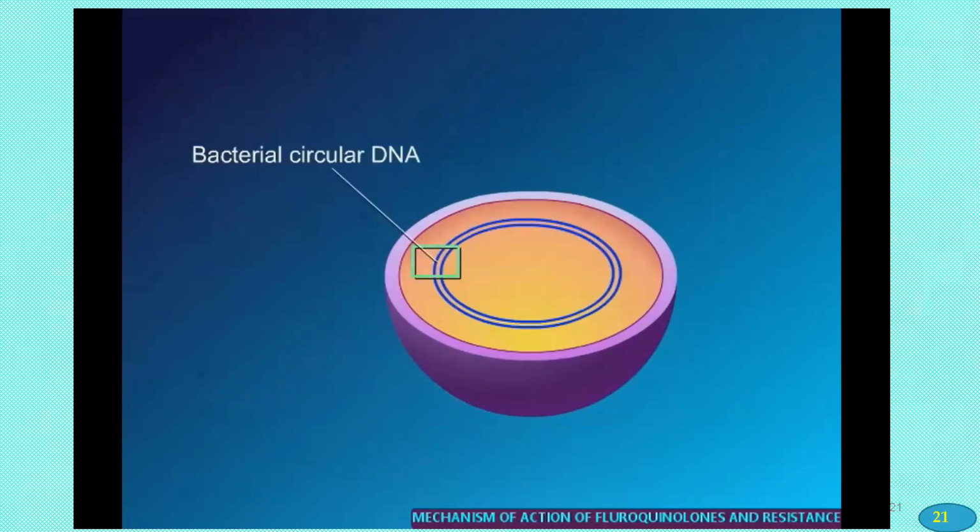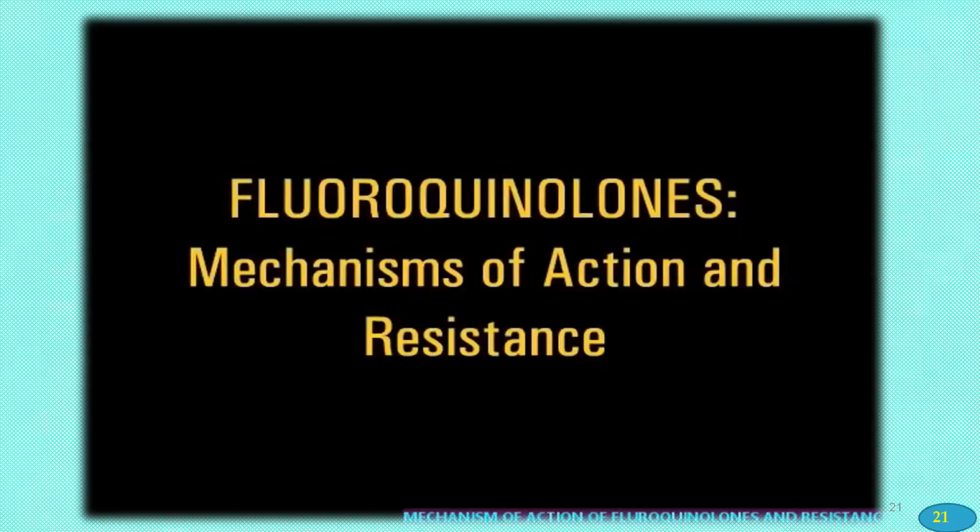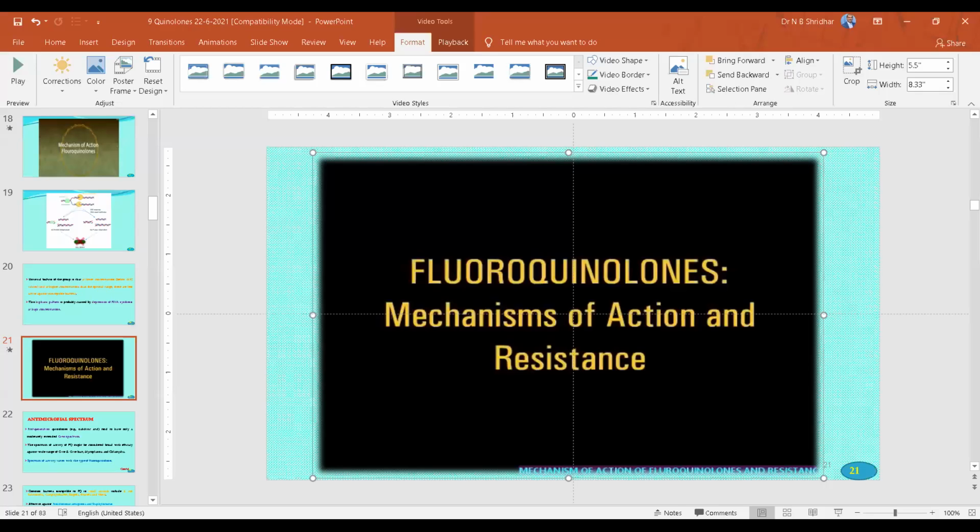The bacterial DNA gyrase enzyme is inhibited from the supercoiling or uncoiling of the bacterial DNA.